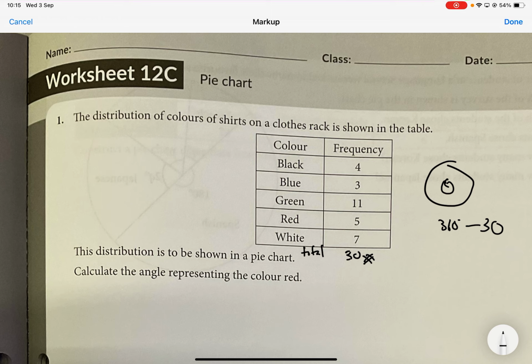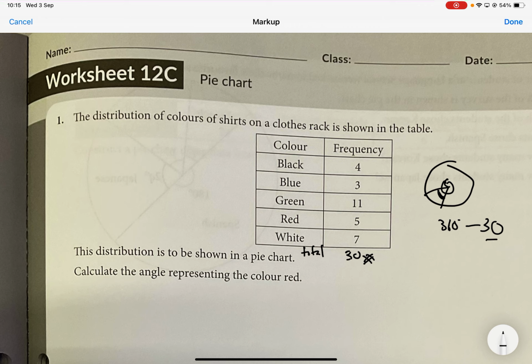The total will definitely make up 360 degrees because there is only one circle in a pie. Now they ask us to calculate the angle representing the color red.